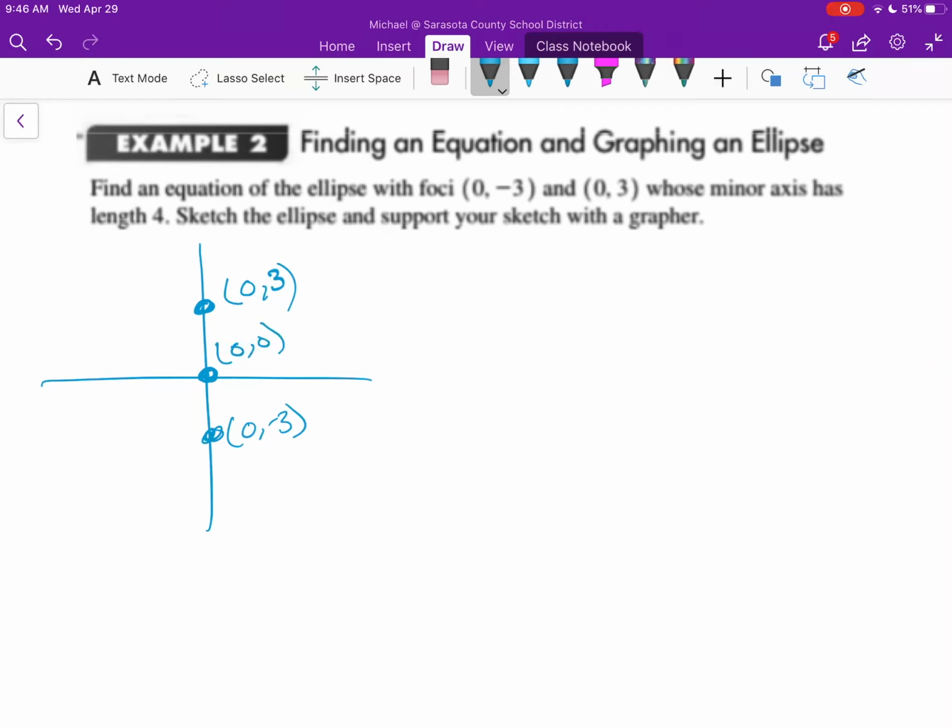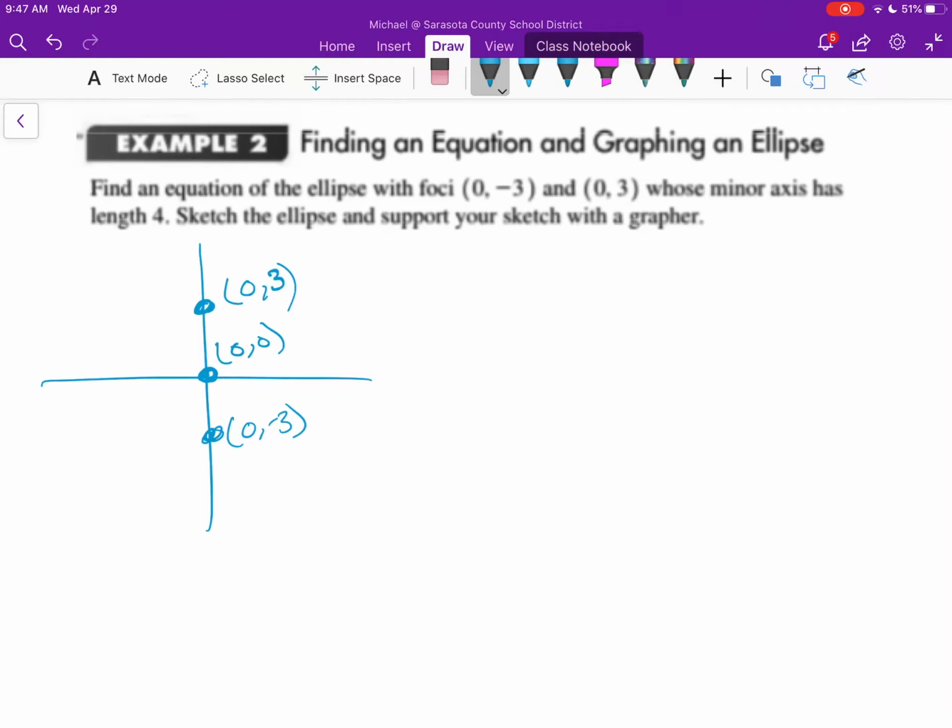Halfway in between is (0, 0), the origin. This also helps us identify that this is going to be a vertically represented ellipse, because the foci are on a vertical axis.